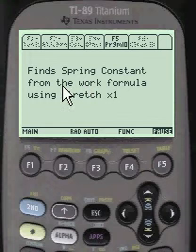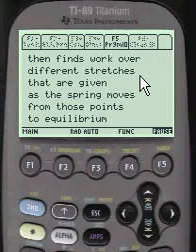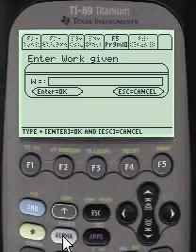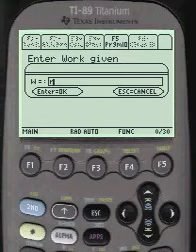It finds the spring constant from the work formula using stretch x1, and finds work over different stretches that are given as the spring moves from those points to the equilibrium. You have to press alpha before you enter anything in these entry lines here. And the work is given, alpha 2.